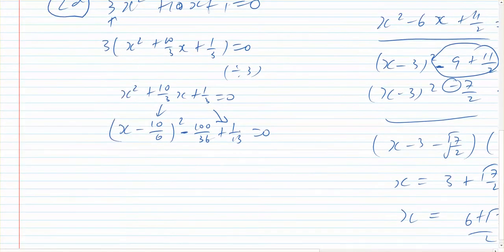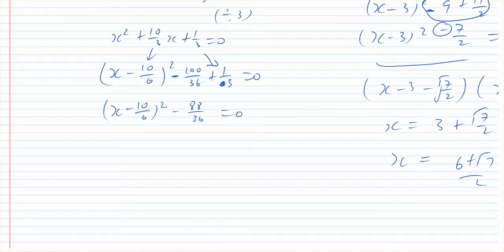Oh, sorry, 36 and 3, both go into 36, okay? Because 3 times 12 is 36. Okay, so negative 100 plus 12 over 36. So it's negative 88. So doing it in my head, negative 88 over 36 equals 0.